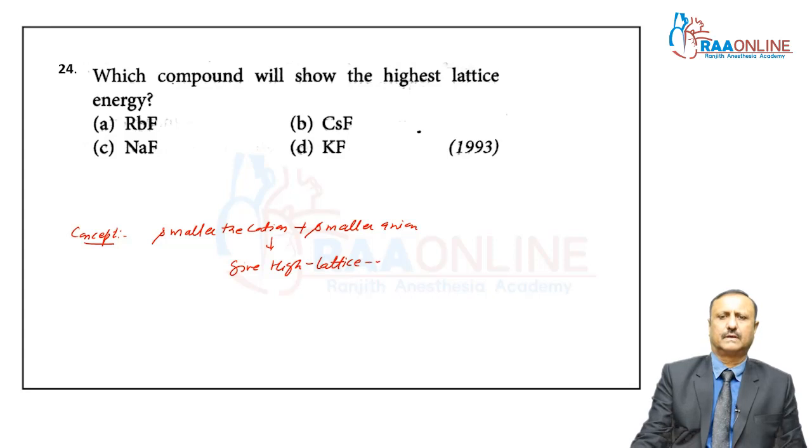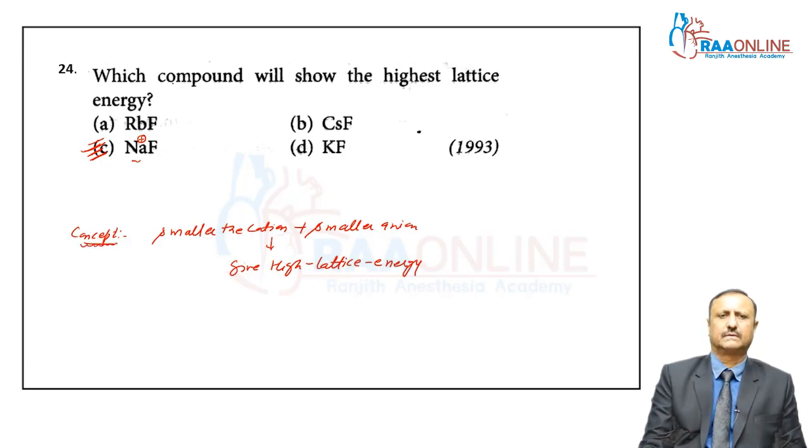Here the highest lattice energy is given by NaF. Why? Because the size of the cation is smaller. Fluoride is the same size, so the basis of size depends upon the cation. So, my dear friends, the answer is C, question number 24.